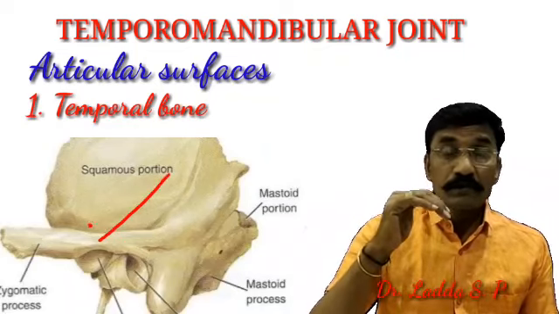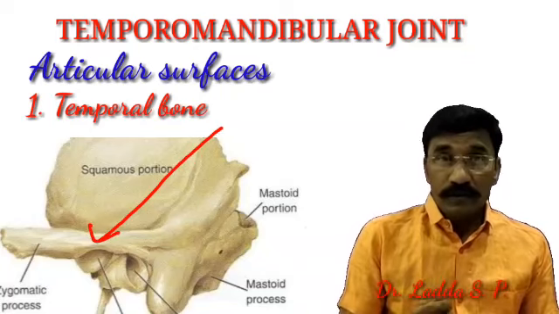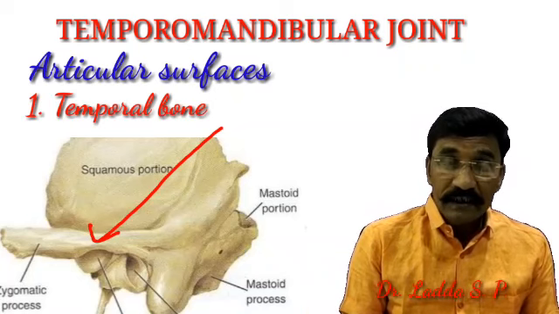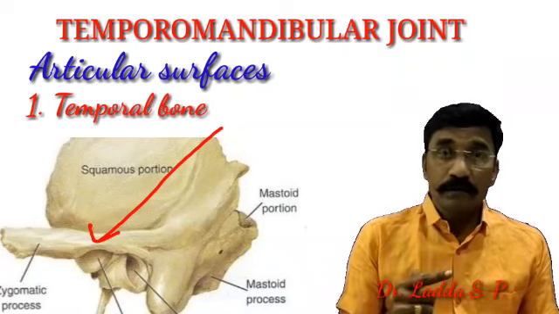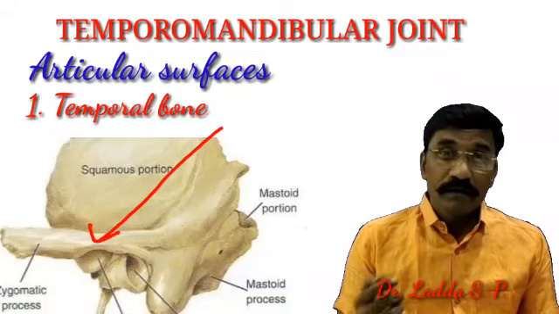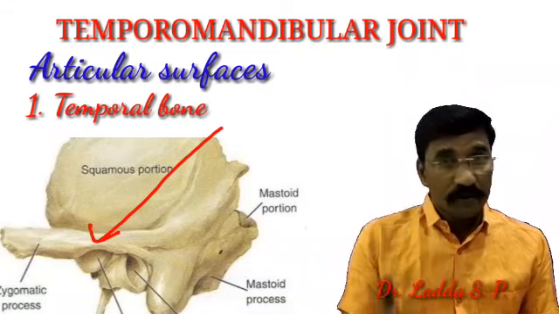A fossa of which bone? A fossa of the temporal bone. The fossa is made so that the mandible can fit easily into it. So the fossa of the temporal bone for the mandible is called the mandibular fossa of the temporal bone.